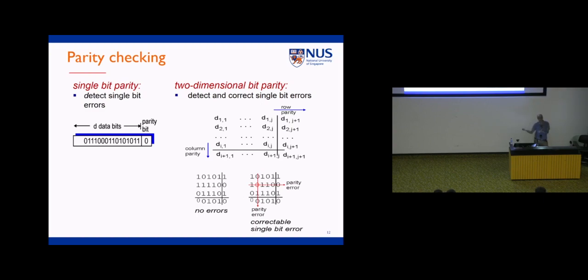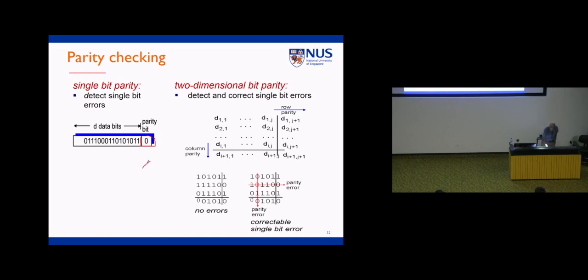So you can store something in memory, but by the time you read it, things can go wrong. So parity bits were commonly used. With a parity bit, in addition to the data, you add your error detection bit, and you add a single bit. So the extra bit that you add is just a single bit.